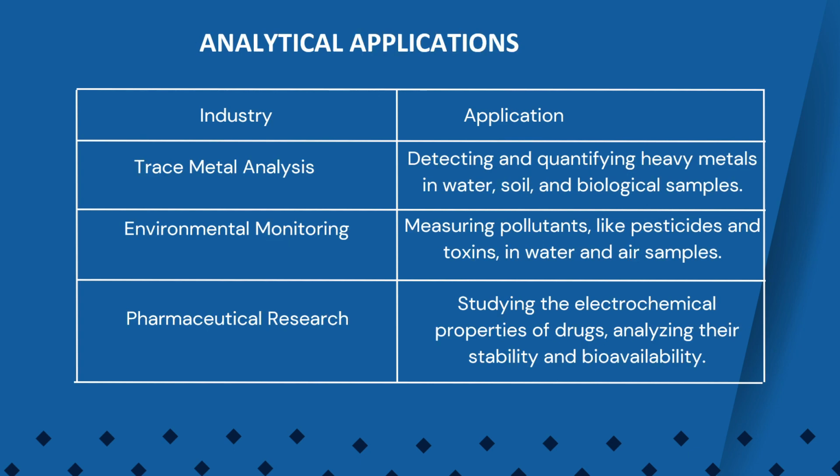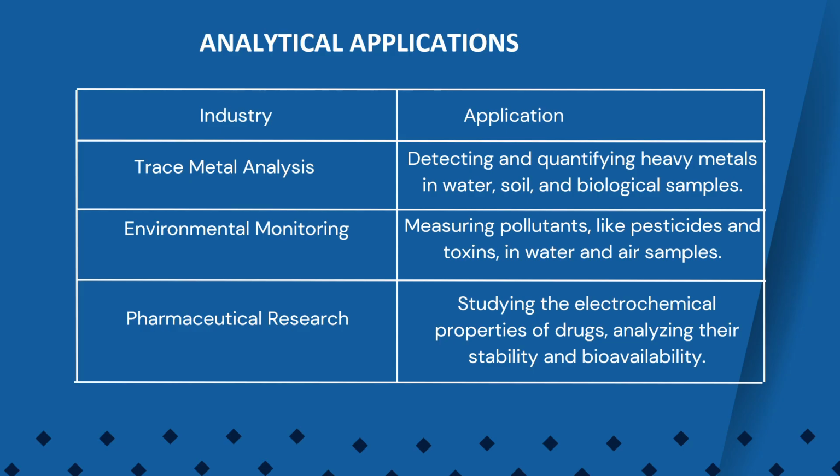Coming to the analytical applications part, so here trace metal analysis industry. In that industry, a potentiostat is used for detecting and quantifying heavy metals in water, soil, and biological samples.